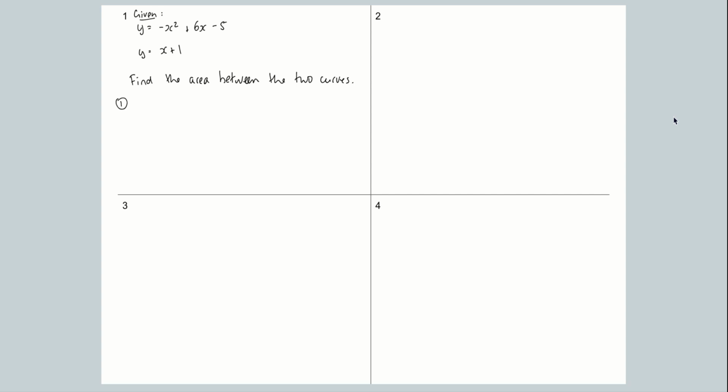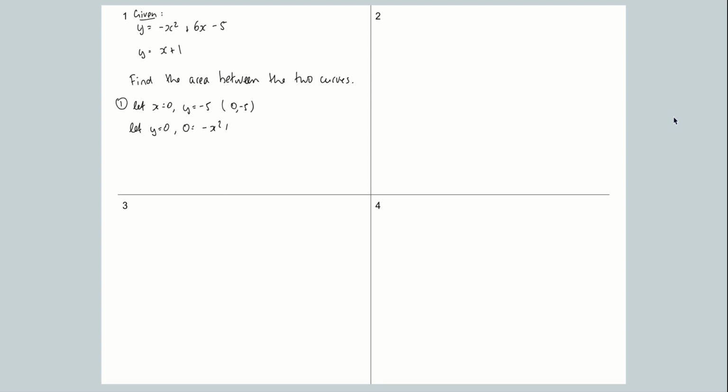but I'll quickly get onto that. So if we let x equals 0, then y equals -5. So that's the y-intercept. Just doing a really quick solution here.